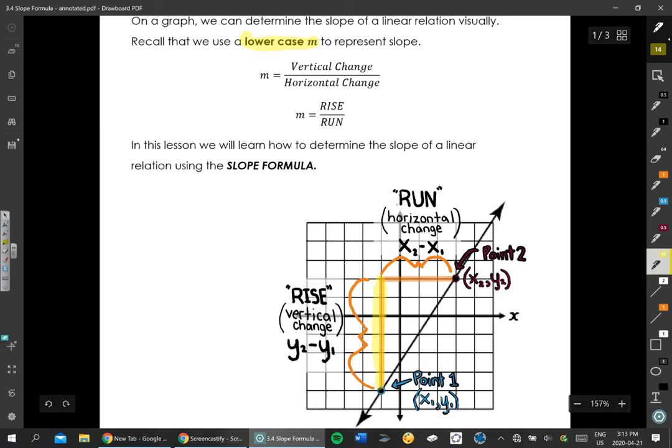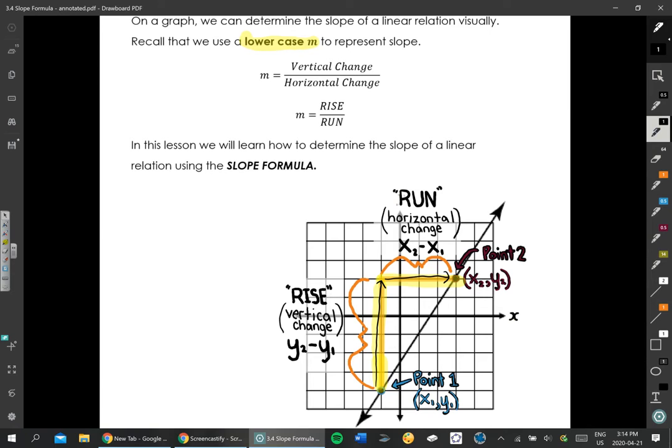Our horizontal change represents the run, okay? So what we would have done before is we would have just counted or calculated, how much did it climb, right? So how much did it go up? Oops. How much did it rise? And how much did it run, right? Remember, we did that. So that's how we calculated slope visually, okay?